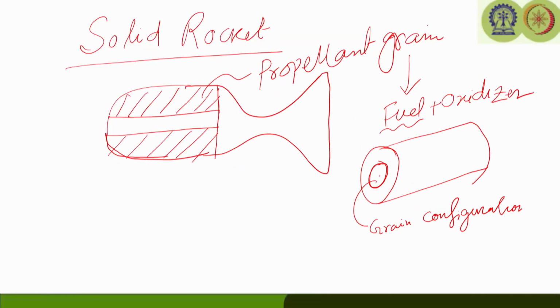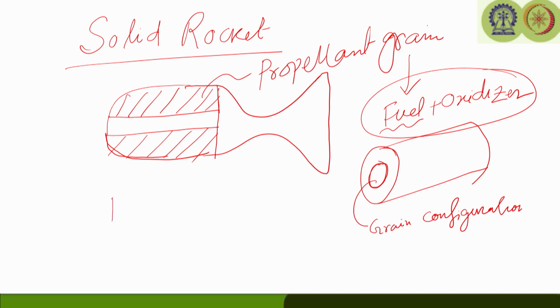Now, this grain configuration can be of different types based on the requirement of the thrust-time or pressure-time curve. This can be either progressive or regressive or neutral. Based on the geometry, the burning proceeds in that way. However, depending on the mission requirement, the grain has to be designed accordingly, but the major ingredients of this grain must consist of fuel and oxidizer.